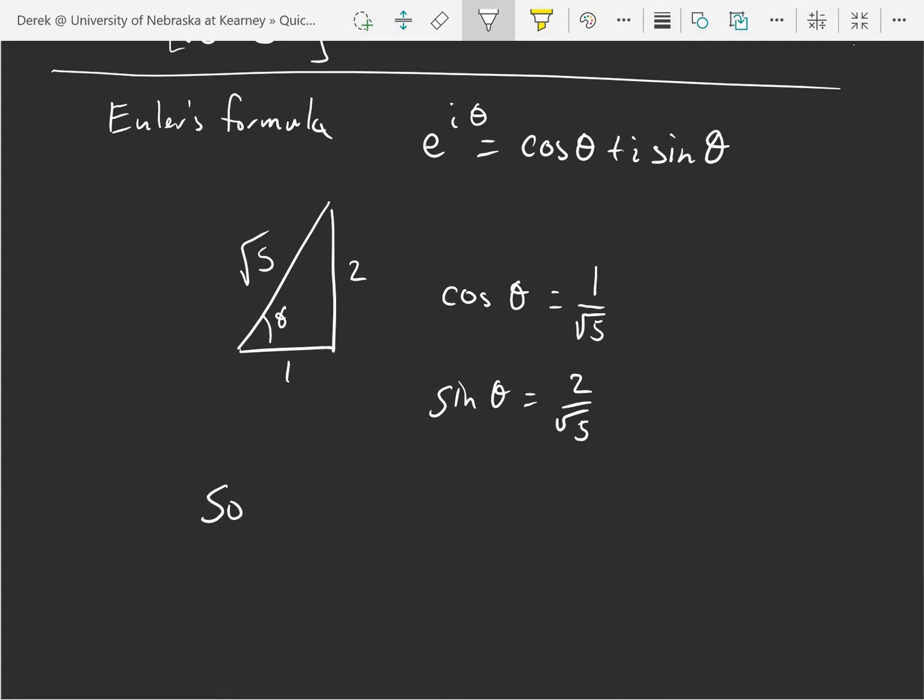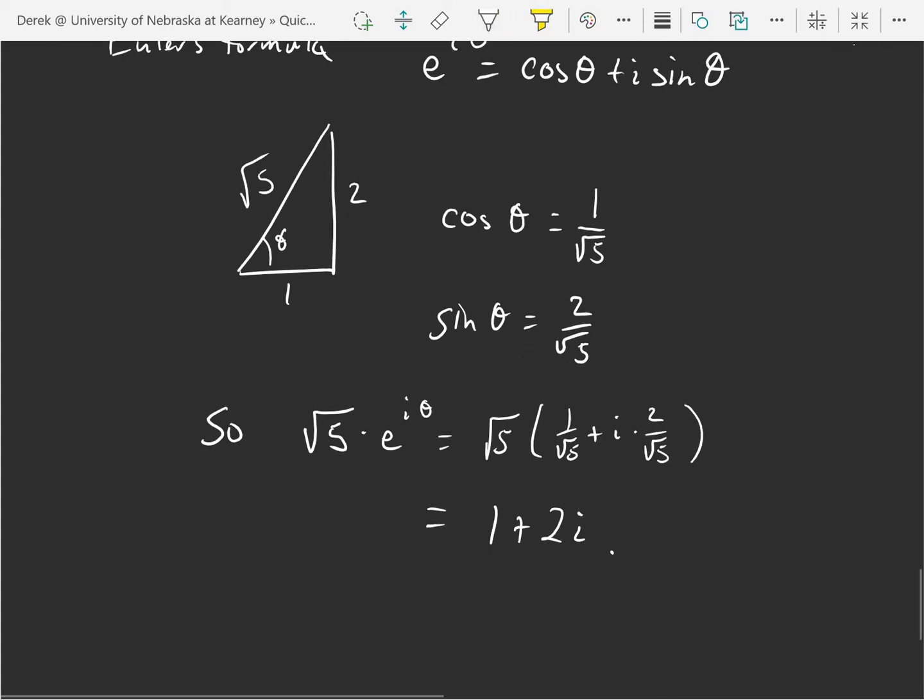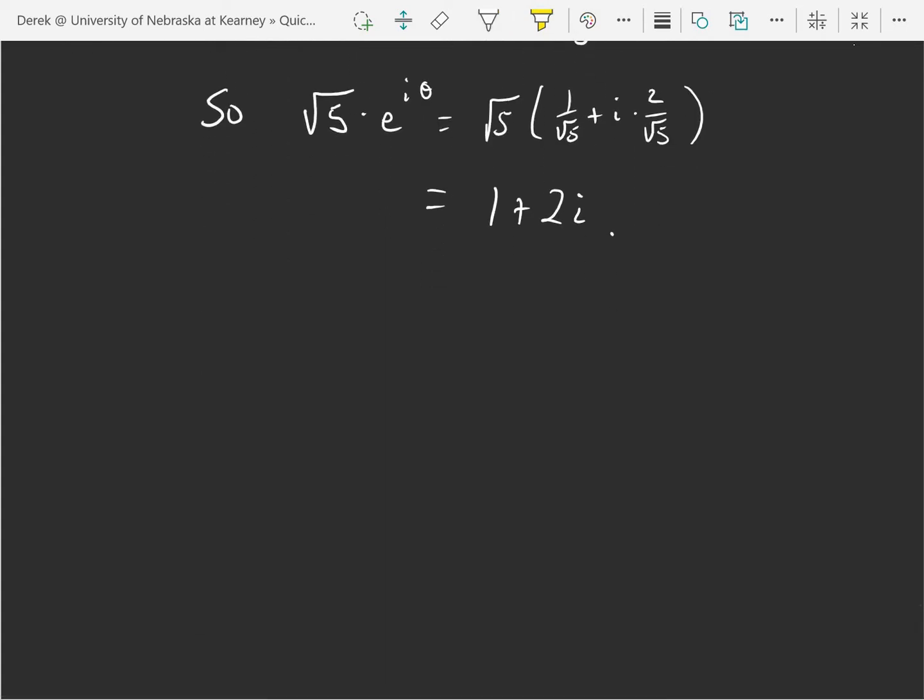So the square root of 5 times e to the i theta in this specific theta case is equal to the square root of 5 times 1 over the square root of 5 plus i times 2 over the square root of 5, which is 1 plus 2i, as we wanted. Okay. So Euler's formula allows us to rewrite any complex number as an r and a theta.